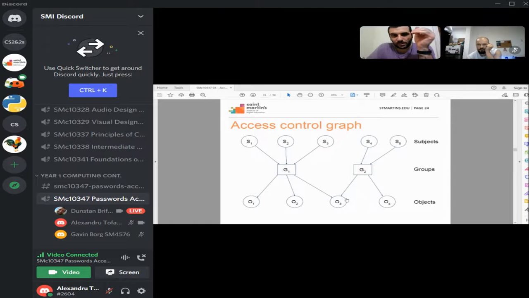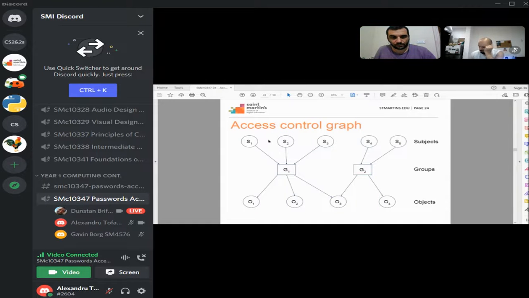Again, this is just a convention we have adopted from one of the various literature books that we find, right? You can find variations. It's just a visual representation. The matrix is used much more frequently than this, but it is another way of representing access control.